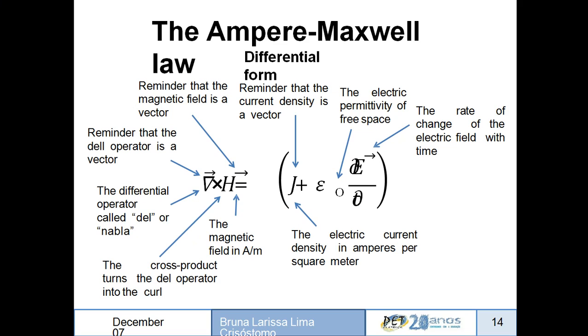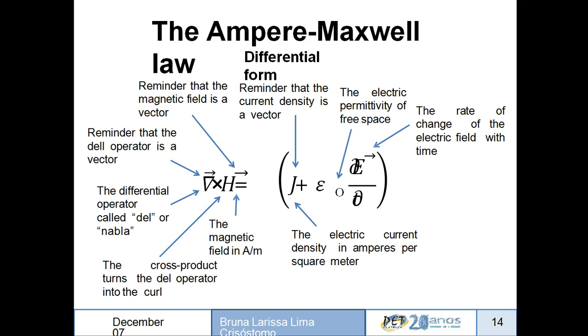The integral form of that equation can be written as the surface integral of D dot dA. D is the displacement vector, and the dot product of the displacement vector and the infinitesimal small area will give you the total displacement coming out of the closed surface. So the total displacement coming out of the closed surface can be written as the surface integral of D dot dA.